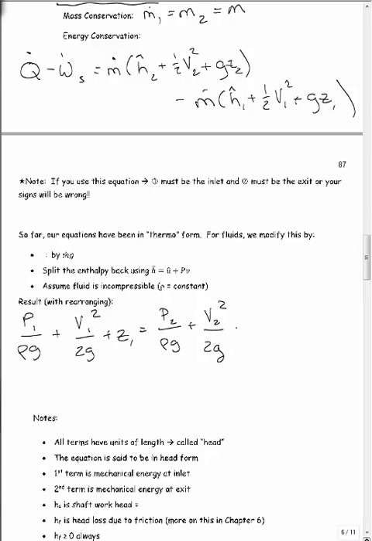And again, this is steady state, average velocities, one inlet, one exit. So plus z2 plus W dot s over m dot g.